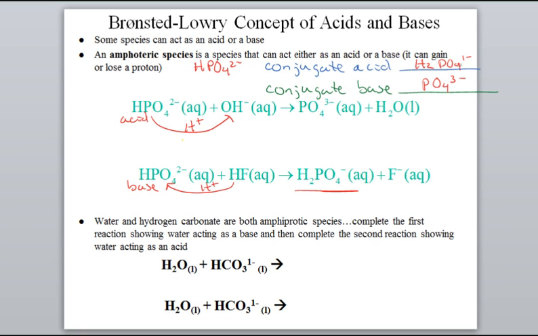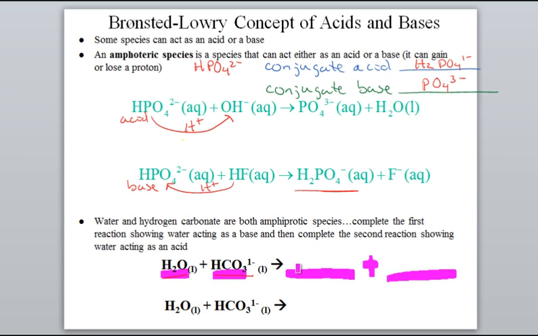In the next part, we also have amphoteric chemicals. When water is mixed with hydrogen carbonate, two different reactions can happen. In one of them, water could act as an acid, in the other one, water could act as a base. In this problem, you're going to complete the reaction, meaning you're going to write the products. There's two reactants, two products that are formed.